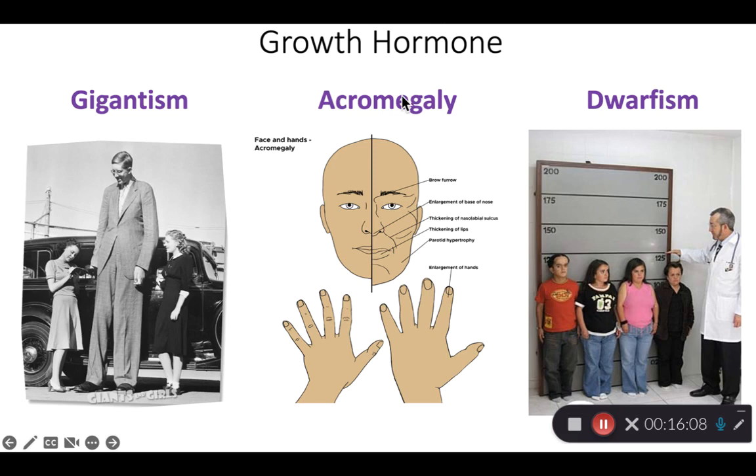So the bones have already stopped growing in length, but what happens is some of them will thicken. The jaw thickens, the fingers thicken. So this is when there's high growth hormone as an adult. And then opposite, lack of or low growth hormone production can cause what's known as pituitary dwarfism, because the pituitary gland is what produces growth hormone.